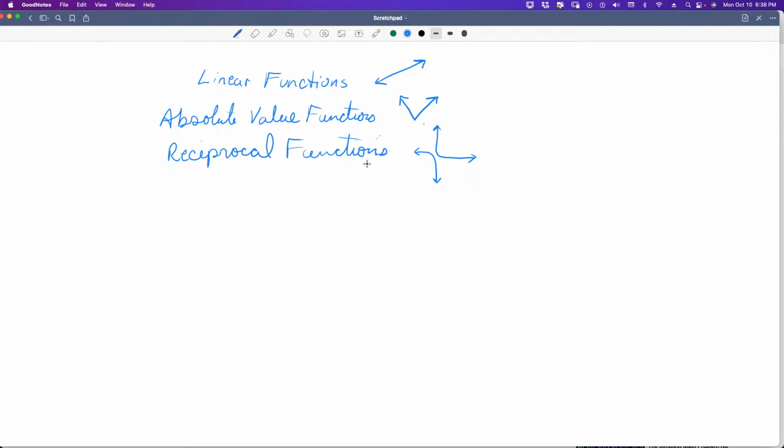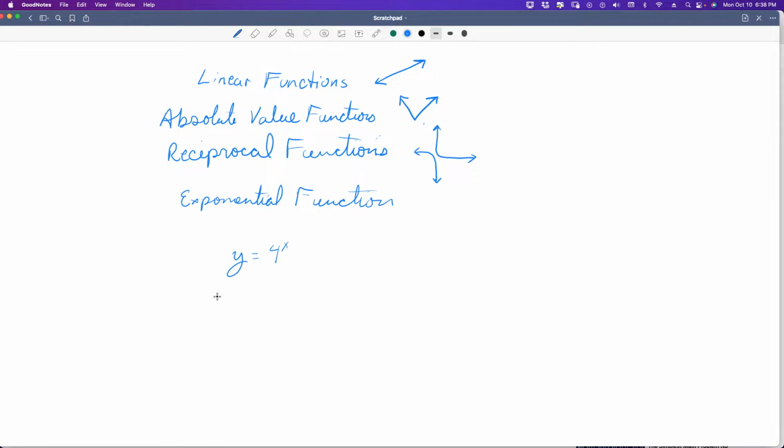So now we're going to talk about the shape of what we call exponential functions. And an exponential function is going to be a function that has the variable x in the exponent. So we would have something like y is equal to 4 to the x.